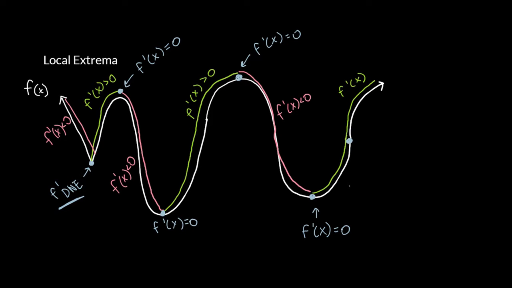So what that means is that our tangent line at that point would be a vertical line. Which means that f prime at that point is undefined.